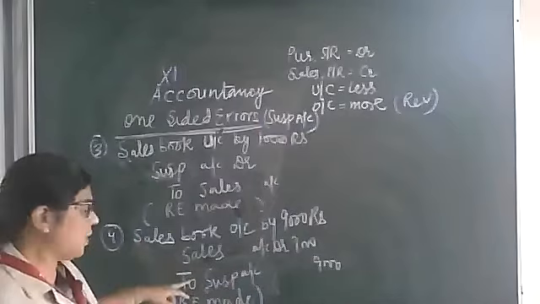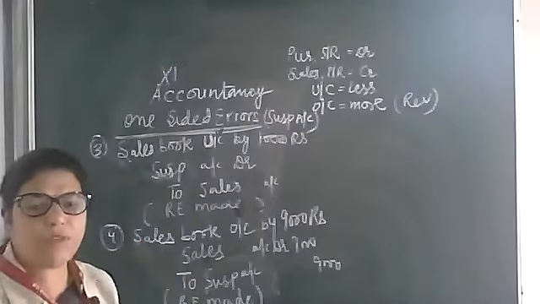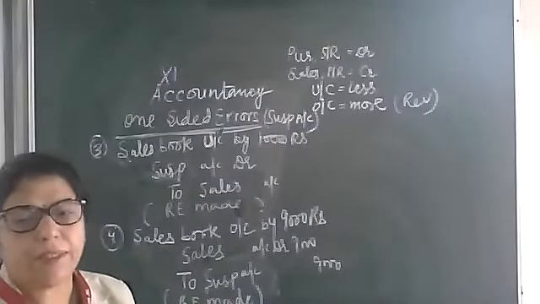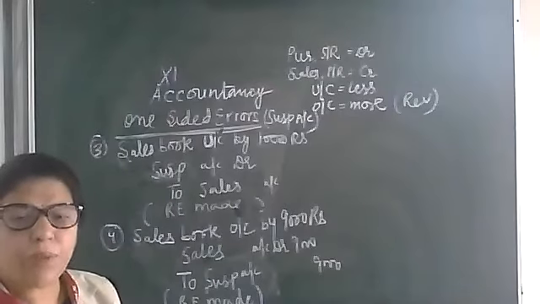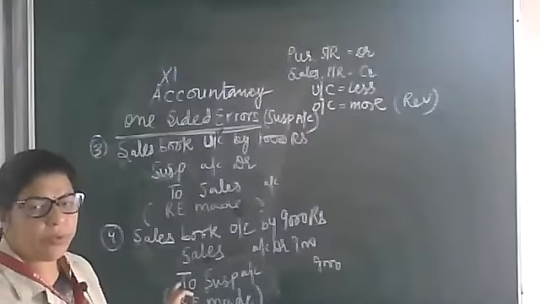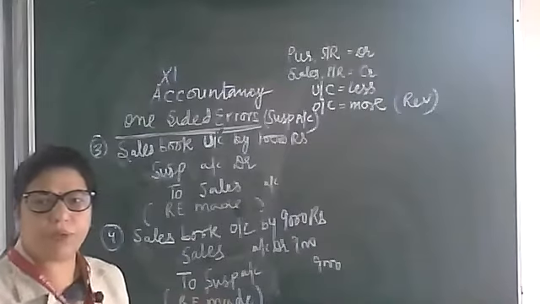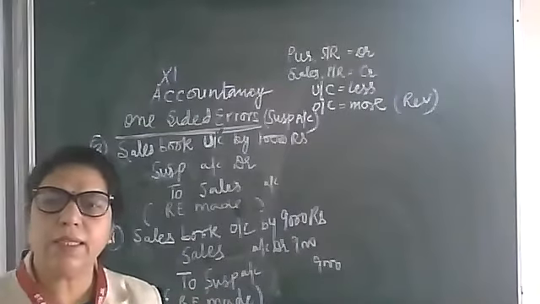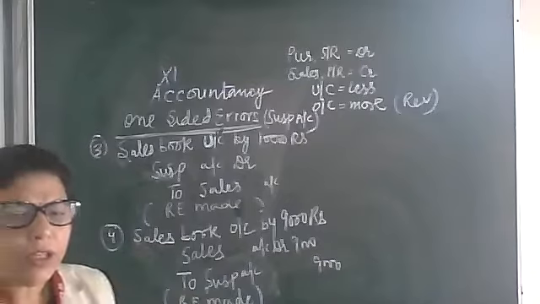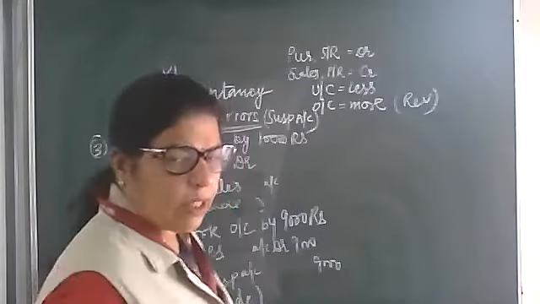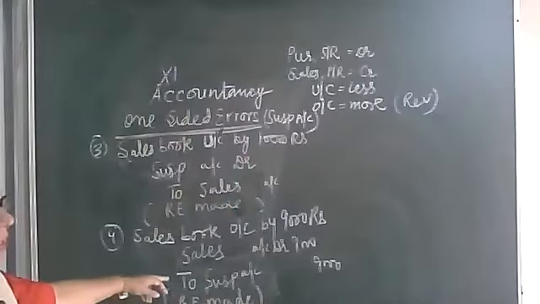So the reverse entry is, now sales will be debited to suspense account. Nothing is there on the credit side, so we have to put suspense account in credit.